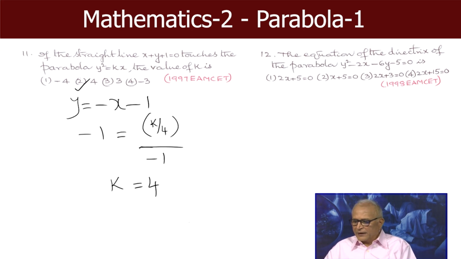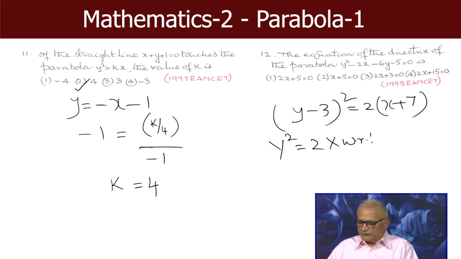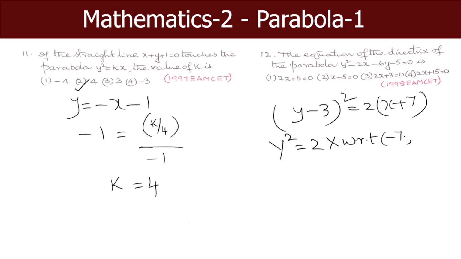97, EAPCET paper. 98. The equation of the directrix of the parabola y square minus 2x minus 6y minus 5 equal to 0. The parabola can be written as (y minus 3) whole square equal to 2 into (x plus 7). I hope I am clear. Or Y square equal to 2X with respect to (-7, 3) as origin. So this is in the standard form Y square equal to 4aX.